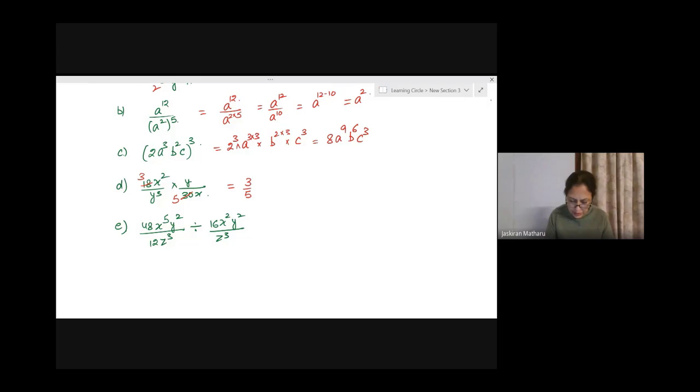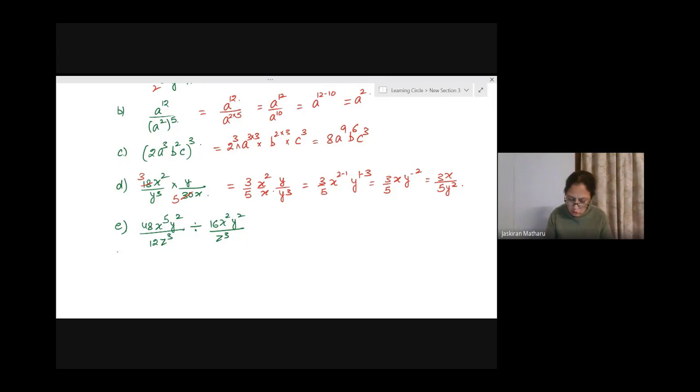For the variables, x has x squared divided by x, and y has y divided by y cube. So this can be written as 3 by 5 x raised to 2 minus 1 into y raised to 1 minus 3, or 3 by 5 x y raised to minus 2. Or I can say that this is 3x by 5y square.